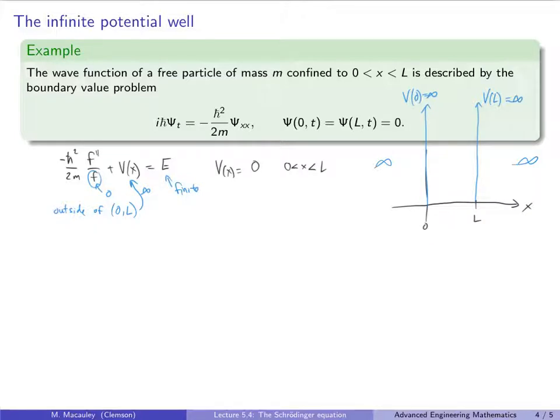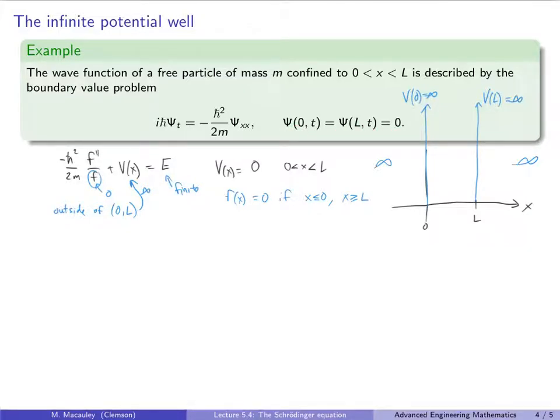So let me just write that down. f(x) equals 0 if x is less than or equal to 0, or x is at least L. And that is where these boundary conditions come from.